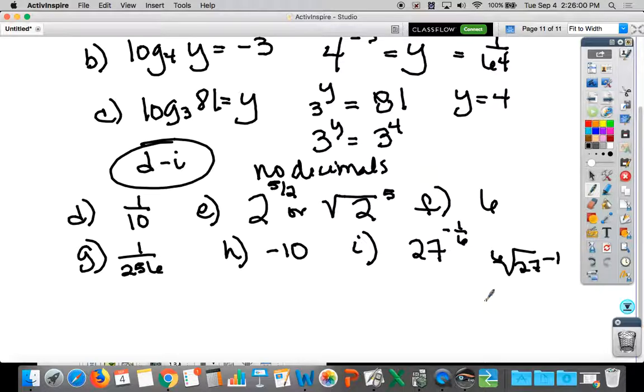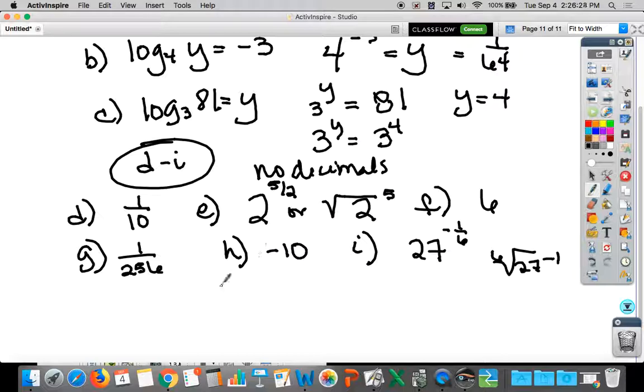No decimals. It's not what they gave you in the back of the book, but this is equivalent. Are we okay?